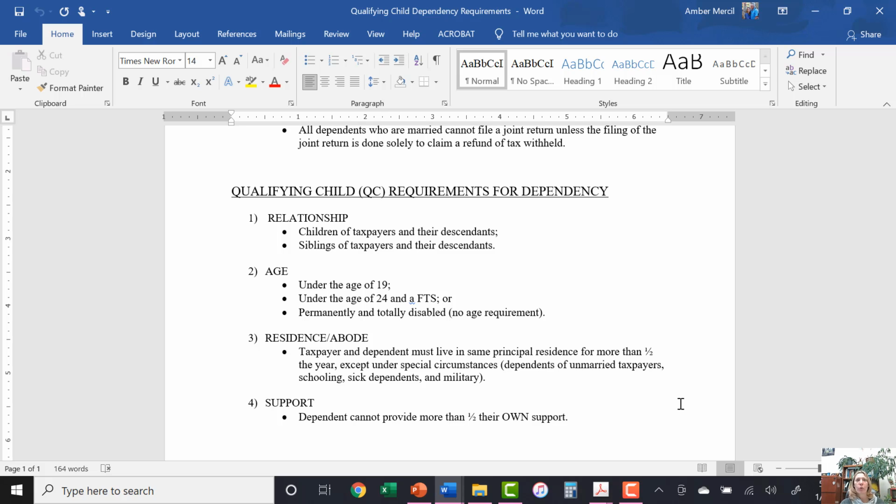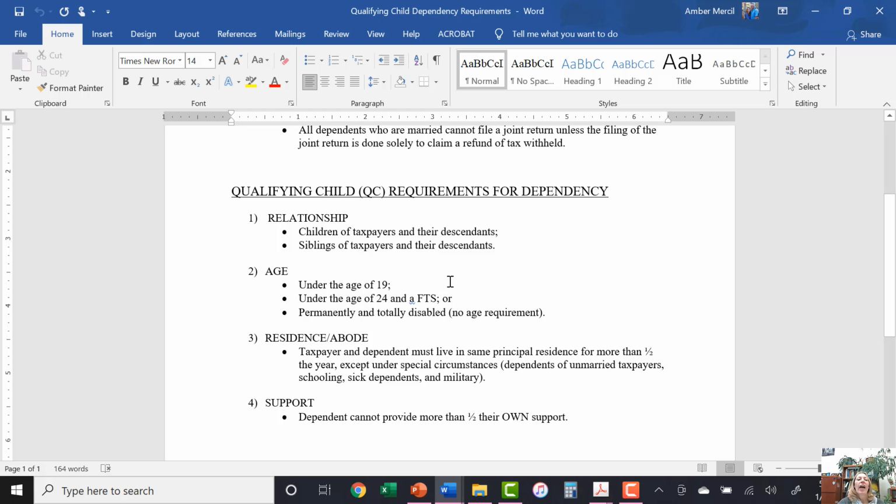She buys her own food, so the support piece I would fail as well. Even though I help her out when she needs it, I don't provide more than 1/2 of her support. No one does but her. So the support test for a qualifying child basically says it doesn't matter who gives her support as long as she is not supporting herself.